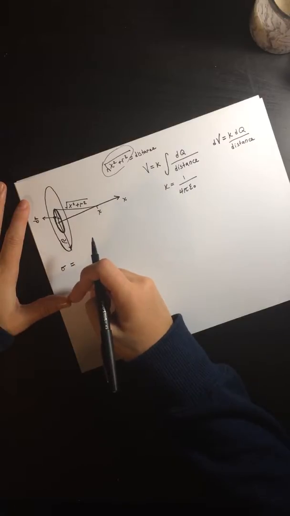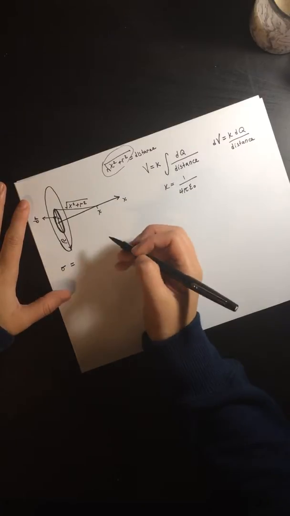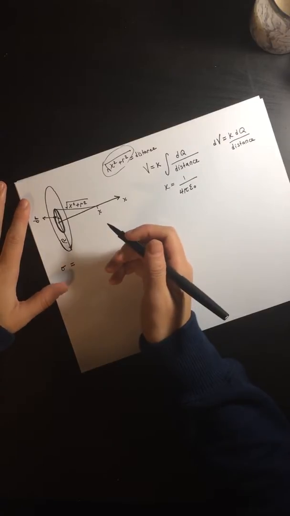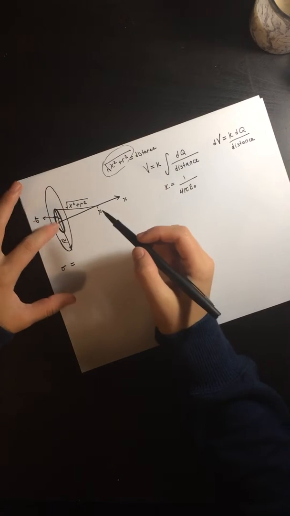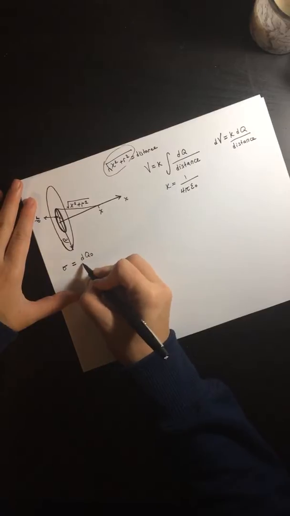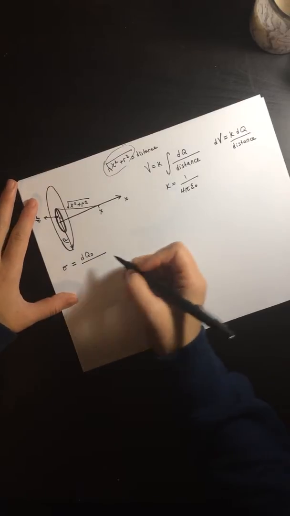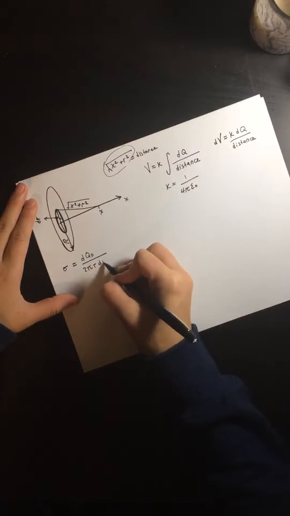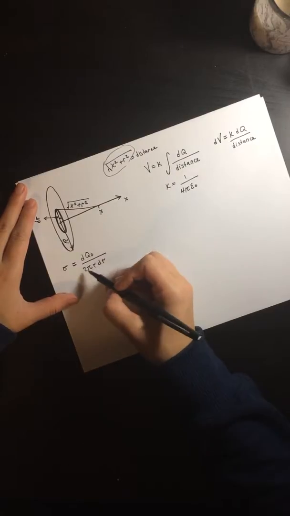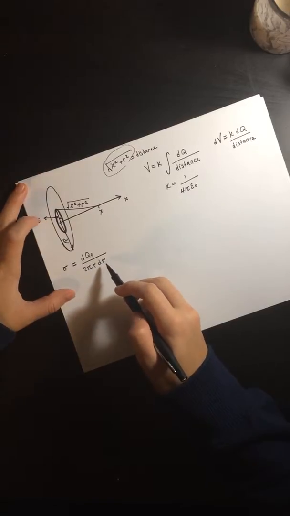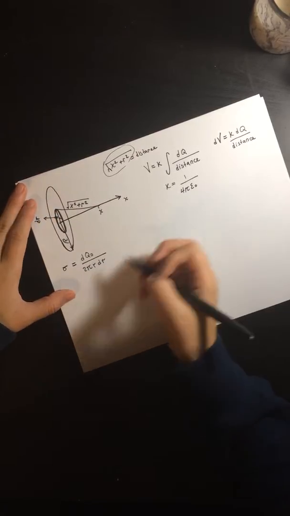And so the charge density of the ring is the charge over the area of the ring, or the volume of the ring. So that's going to be dq naught over 2 pi r dr. The reason why this is the volume is because 2 pi r is the circumference times dr, which is the thickness, is going to be equal to the volume of the ring.